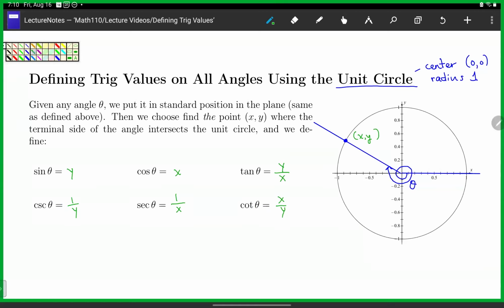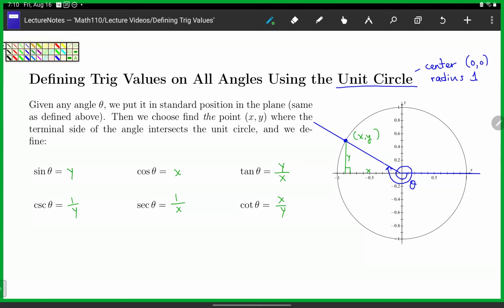And again, I want you to notice this is exactly the same definition, because if I drop a perpendicular to the x-axis here and make a right triangle, the horizontal distance is essentially my x-coordinate, the vertical distance is my y-coordinate, and what's the hypotenuse in this case?